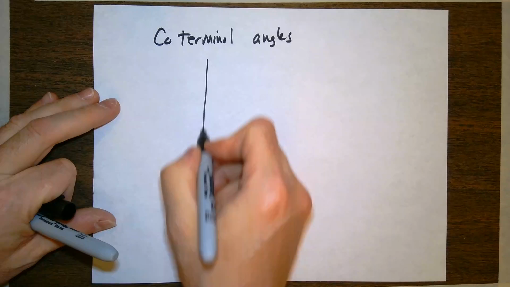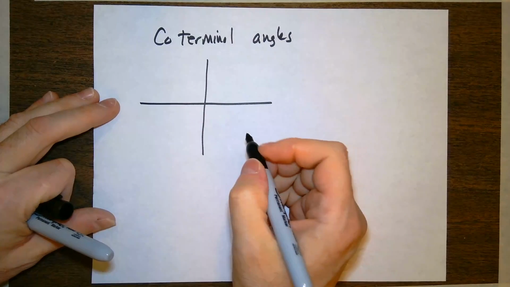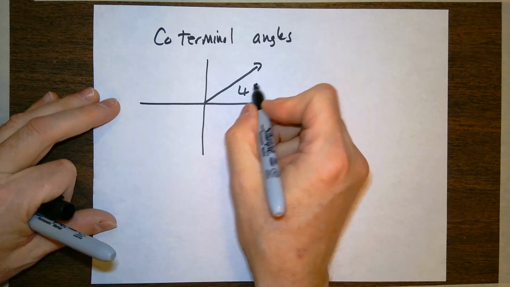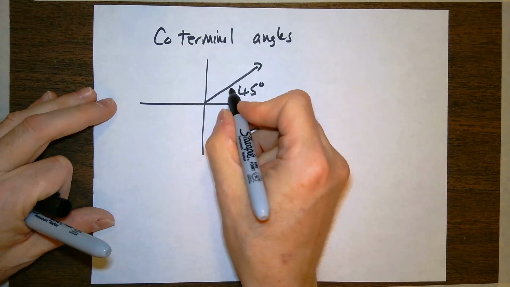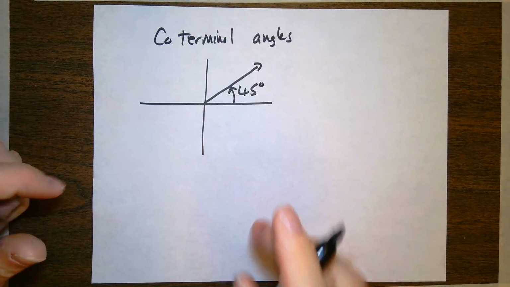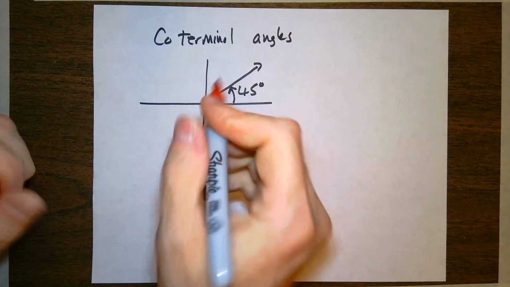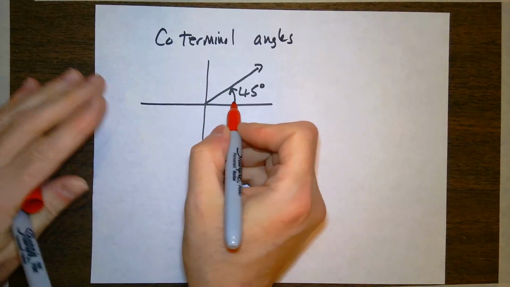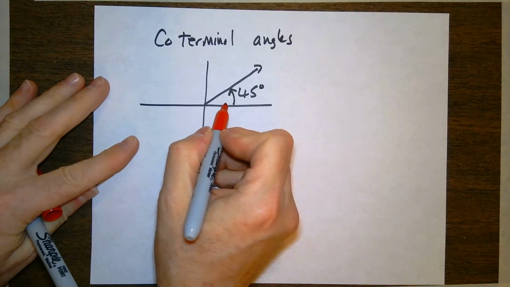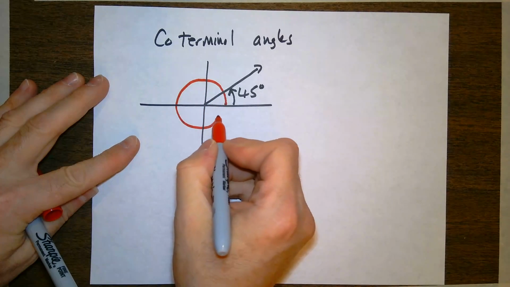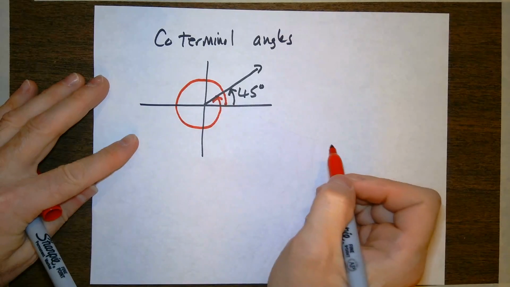Again, if I have an angle in standard position, let's say I've got a 45-degree angle. I could have another angle that's exactly the same as 45 degrees that would be this angle right here. Now watch this, because I'm going to start in standard position, go all the way around and then stop right there.